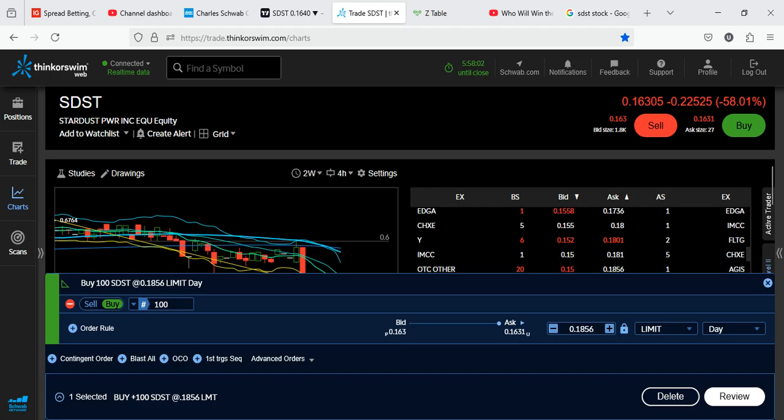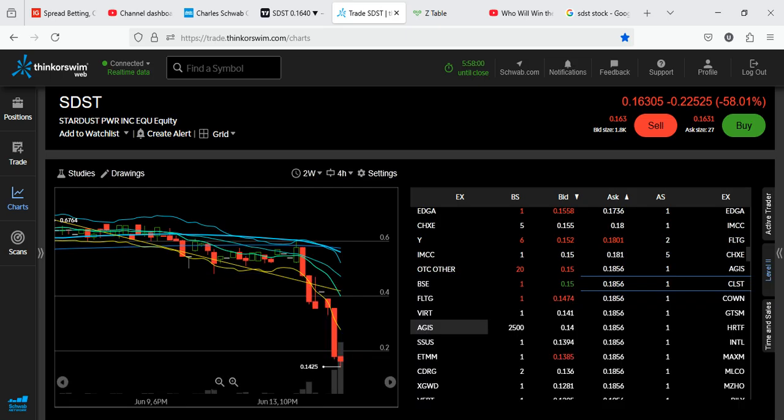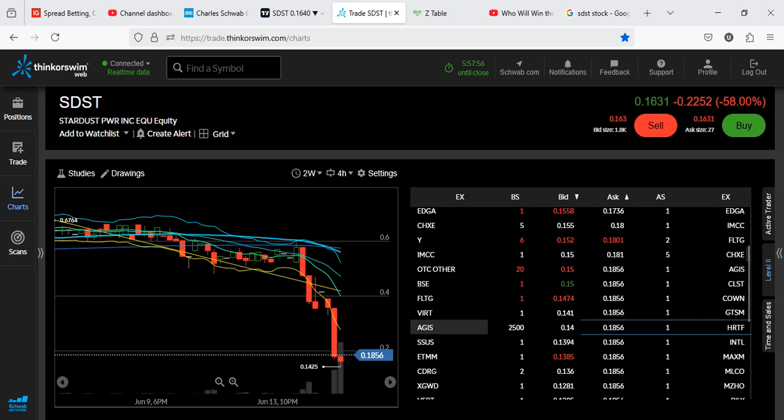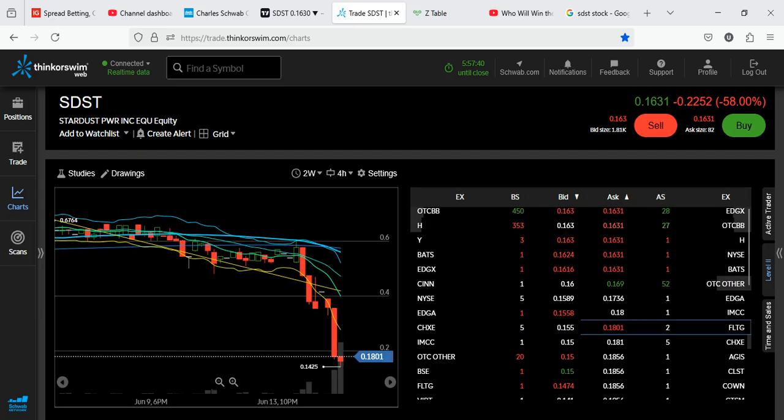Okay, so that was a sell. So people are selling. People are not really buying that much. People are aggressive on the stock. You can see 1, 1, 1, 1, 1. They're more aggressive than the sellers.